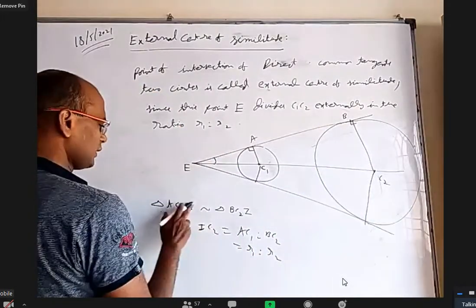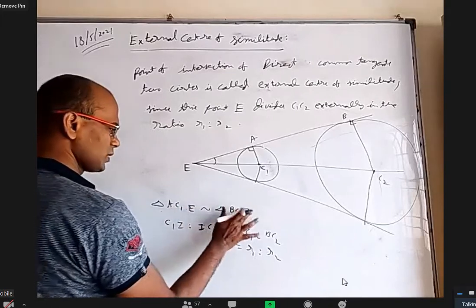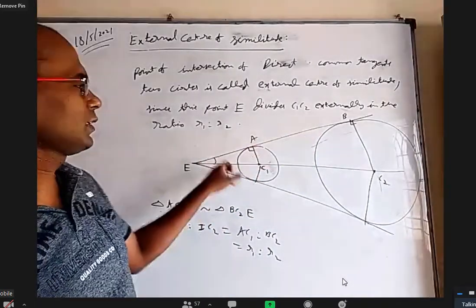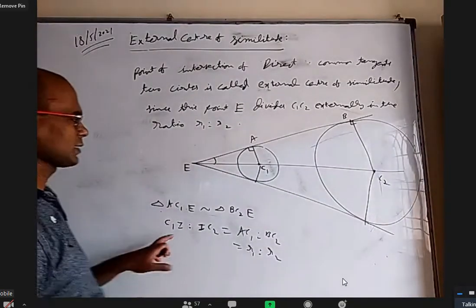Again, AC1E is similar to BC2E, again by AA similarity, since the angle at E is a common angle.